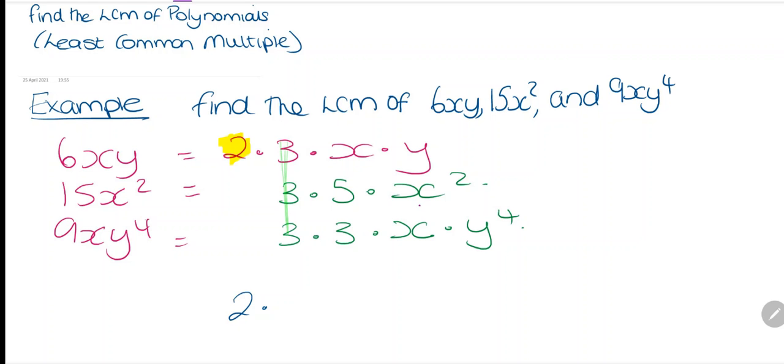So in this column here, we have a 3. And then if we look again, we have a 3, we have a 5, and then if you look at the x's, we have an x squared and an x, so the highest is going to be x squared.